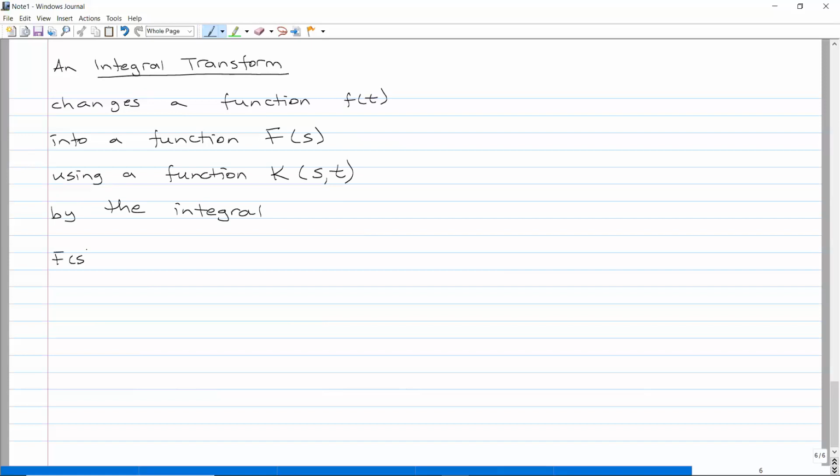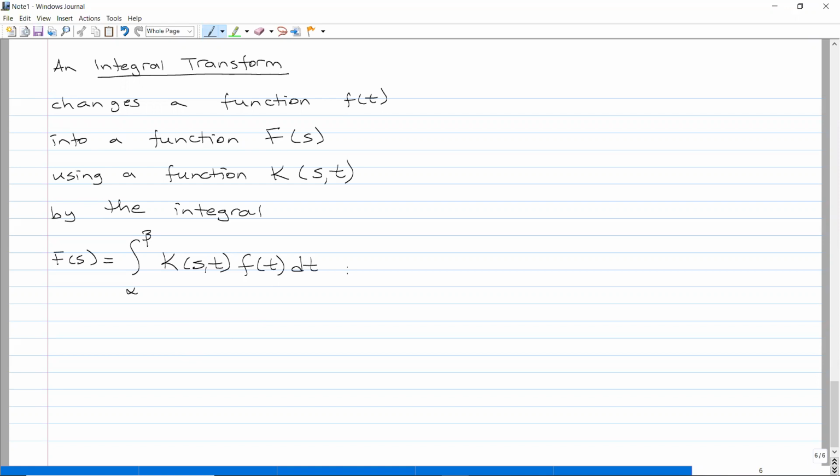So F of S is, you choose yourself a certain interval from alpha to beta, and then you multiply this function of two variables with your function f of T, and integrate the result with respect to T from alpha to beta. Since you have a certain interval, the resulting expression doesn't depend on the variable T. It's going to be a function of S only.